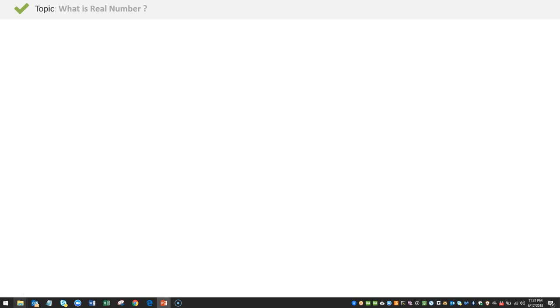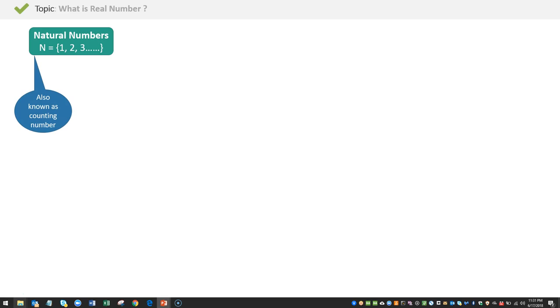So let's talk about what is real number. To start, for real number, we'll start with a natural number, which is also known as counting number. And natural numbers are generally represented by N, and numbers like 1, 2, 3, which we use on day-to-day counting purpose, are natural numbers.